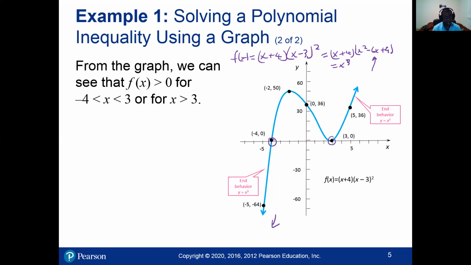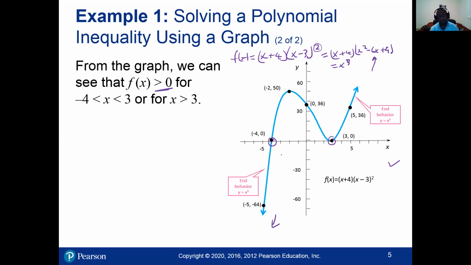But in terms of their multiplicity, this is 1, so the graph crosses at x equal to -4. It is a multiplicity of 2 for the other one, so it touches it. Okay, and then you plot a few points, and that's why we have this graph. And so the inequality was that f(x) is greater than 0.